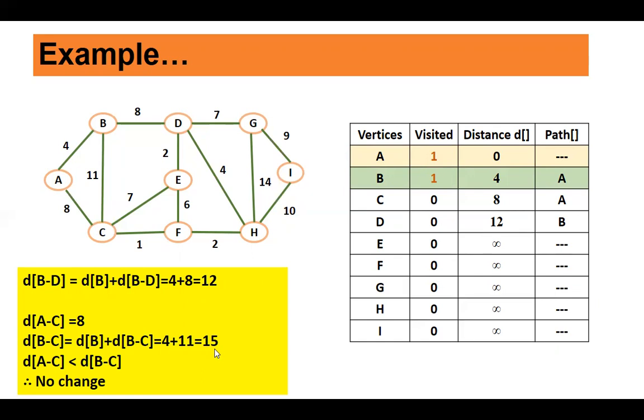So here it becomes 15. Distance of B is 4, distance from B to C is 11, so total is 15. But what is the current distance of C? Current distance, that is from A to C, is already 8. The new distance we calculated is 15, that is from B to C, which is more.